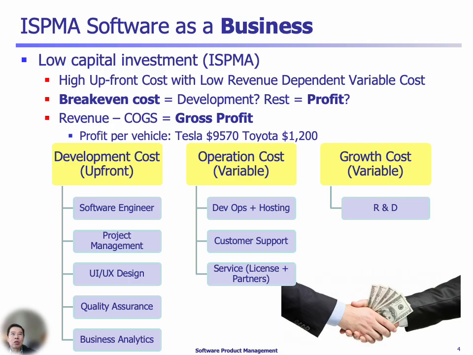Gross profit is the revenue minus the cost of goods and services, which is COGS. So what are the variable costs? In software, you also need to maintain and host. So a lot of the issue is the cloud part on hosting as well as the licensing.